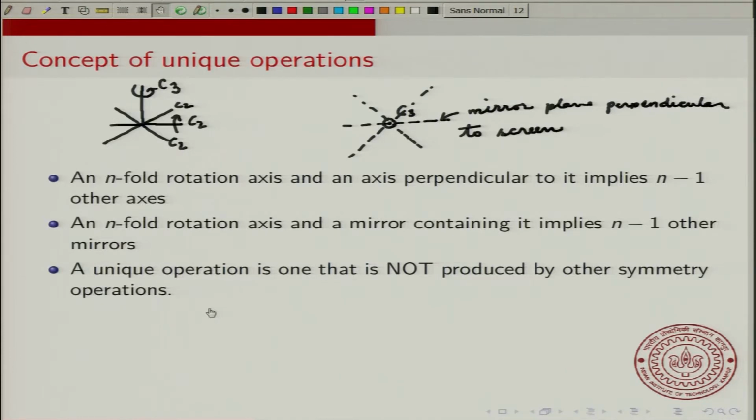Okay, so this concept of unique operations will be essential in describing the symmetries, or in identifying the Herrmann-Morgan notations.